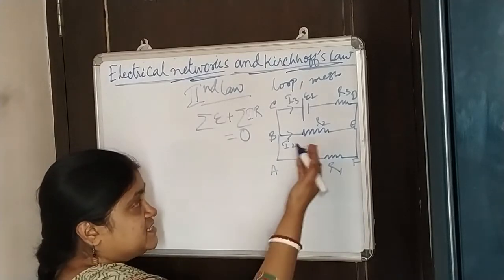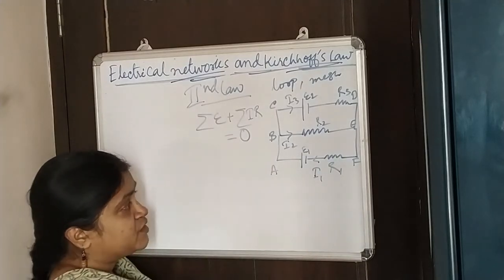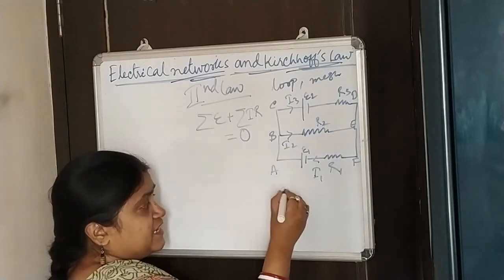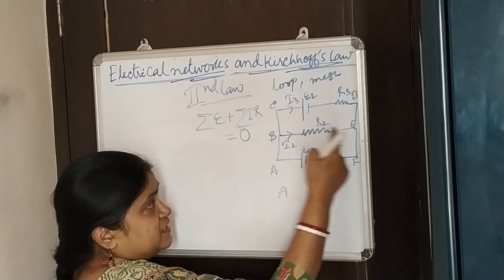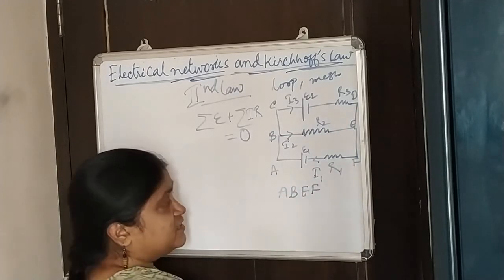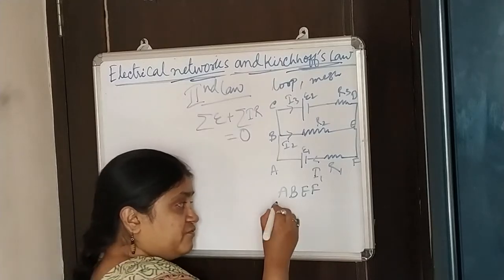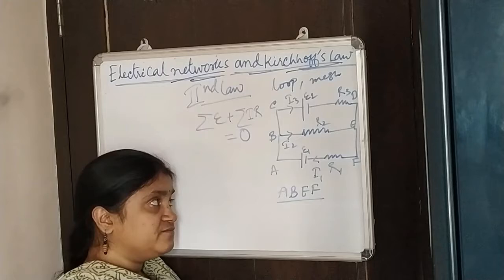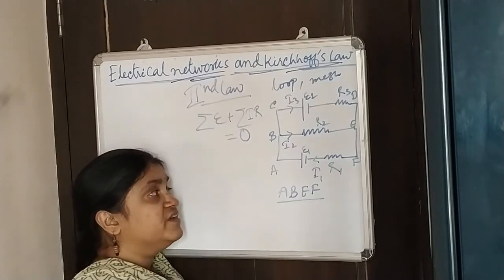So let's analyze this for this particular case. First we will take this part of the loop, which is A, B, E, F. Before analyzing, we have to take certain things as convention.